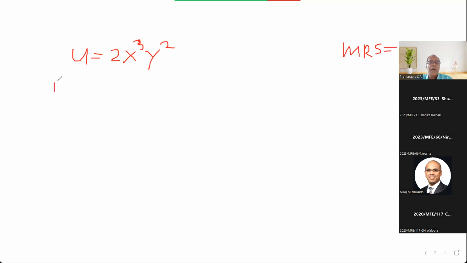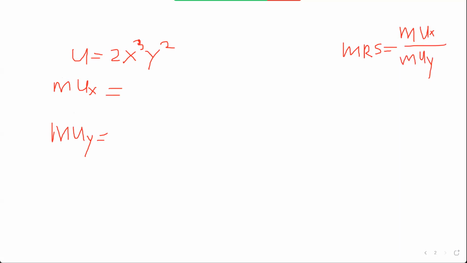First, find the marginal utility of X. You know how to differentiate, I taught you. And Y. You can find MRS, MUx divided by MUy. So I'll give you 2 minutes, or maybe 3 minutes. Then you can find. I hope you understood. If not, please let me know.